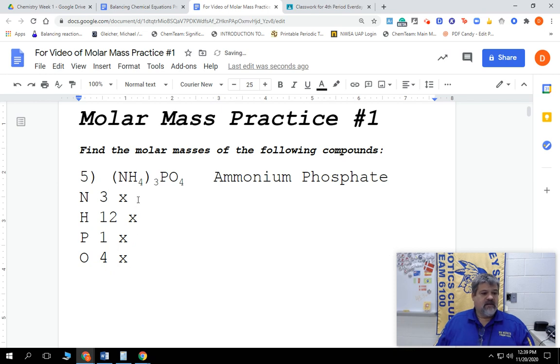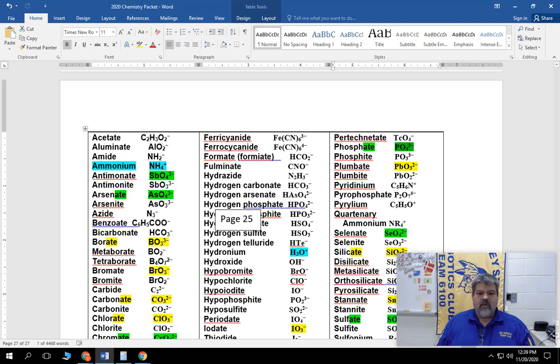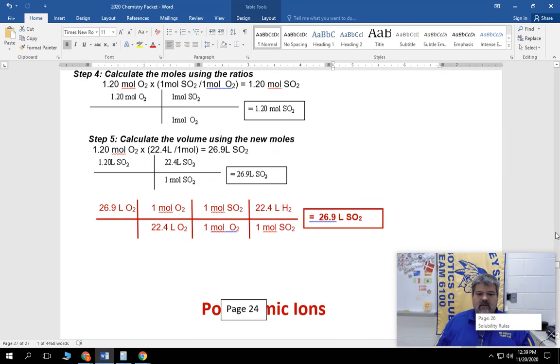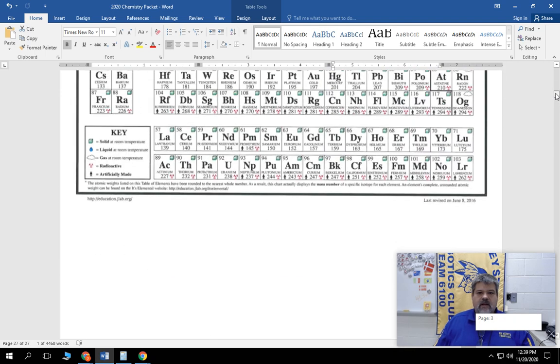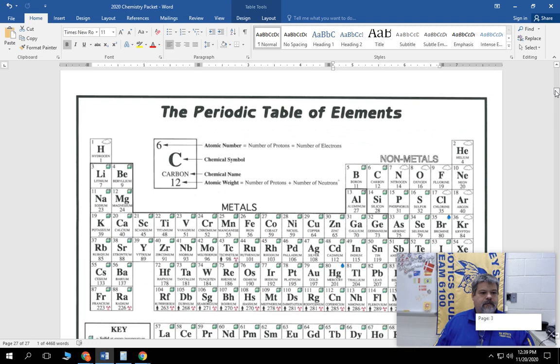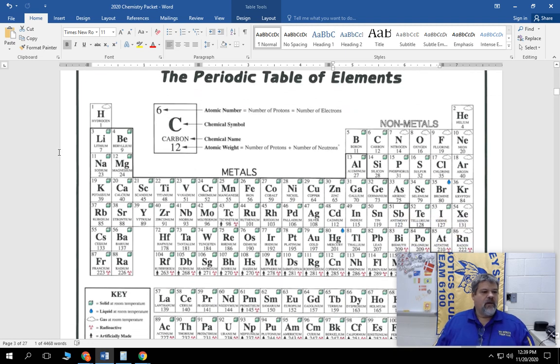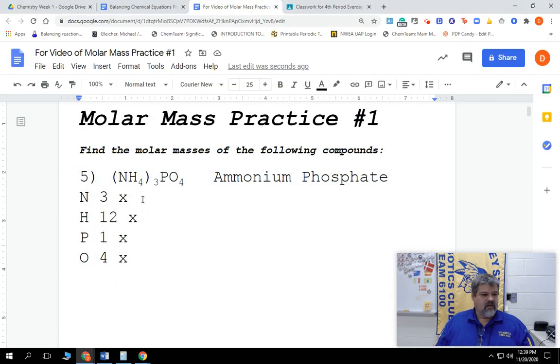Okay, so we're going to look at our periodic table. We go back up to where our periodic table is, near the beginning. And here's our periodic table. So we had N, which is 14, and H is 1. So that's ammonium: N is 14, and H is 1.